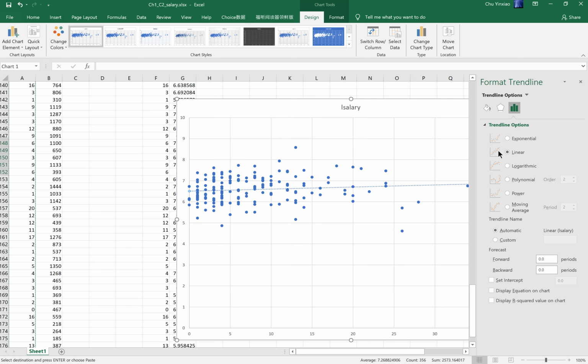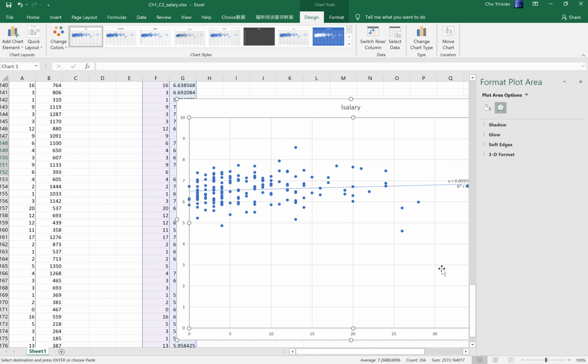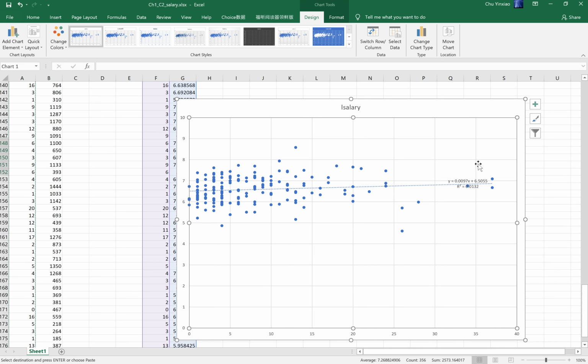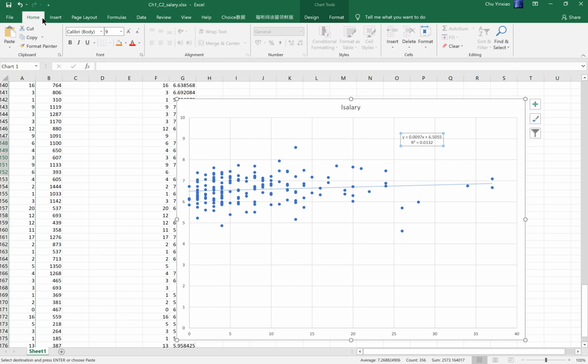Also we choose display the equation on chart and display the R squared on chart, so that here we can obtain the regression equation and also the R squared.